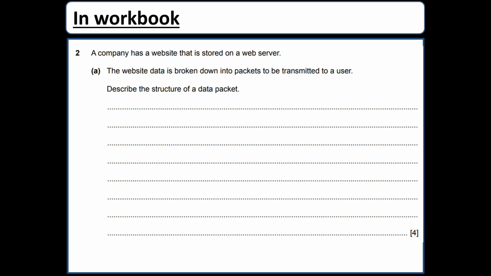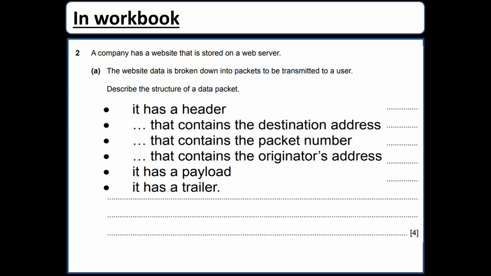Another question they asked is, what is the structure of a data packet? When they ask you about the structure, you can talk about all of them, so that includes the header, payload, and trailer. But because it's 4 marks, it's good to also explain what's inside each one. If you've explained that we've got the header, which contains the IP address of the destination, as well as the payload and trailer, you will get full marks.